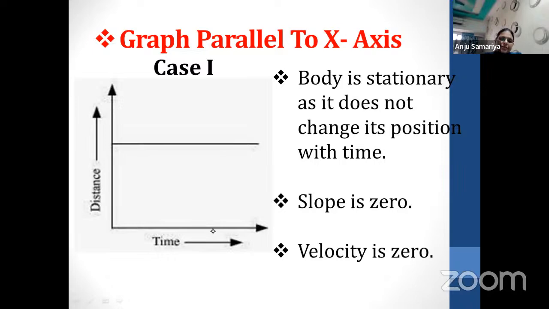Since the graph is parallel to the time axis, there is no slope. Slope is 0, and so the velocity is 0, because the body is not moving. If the body is stationary, you cannot have slope, you cannot have velocity. Is this clear to you, Anya? Yes.